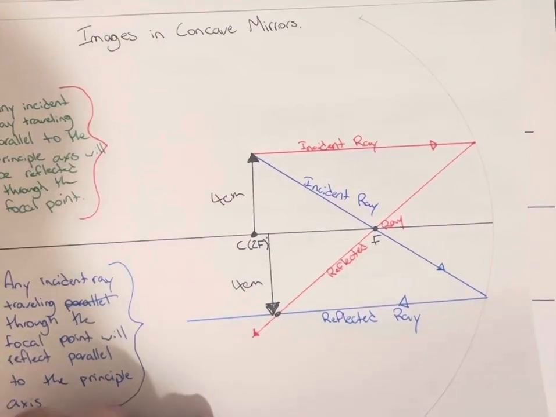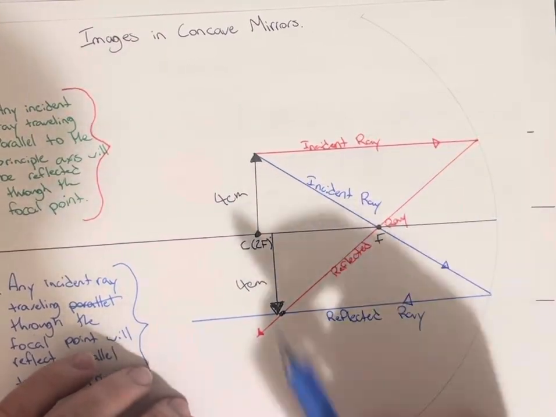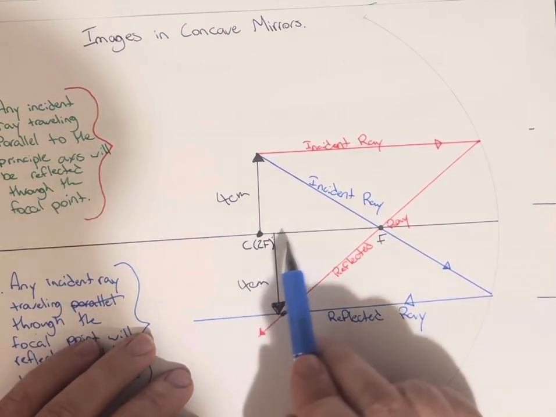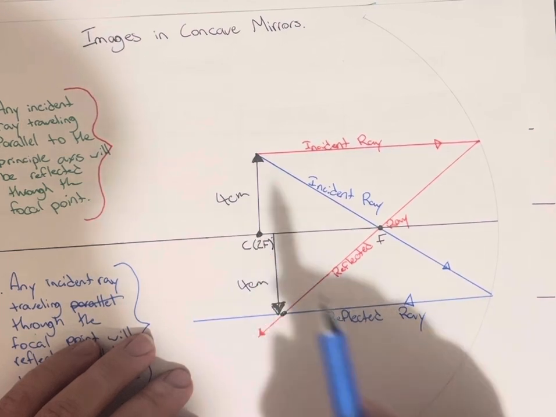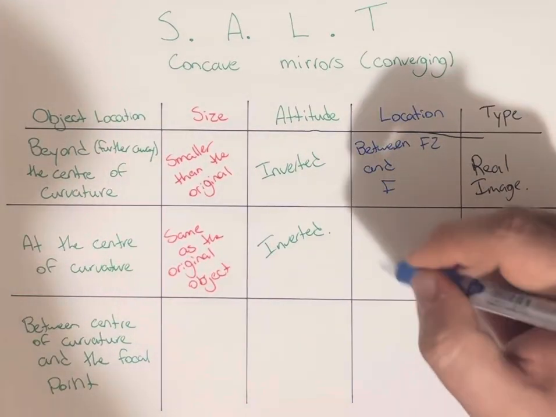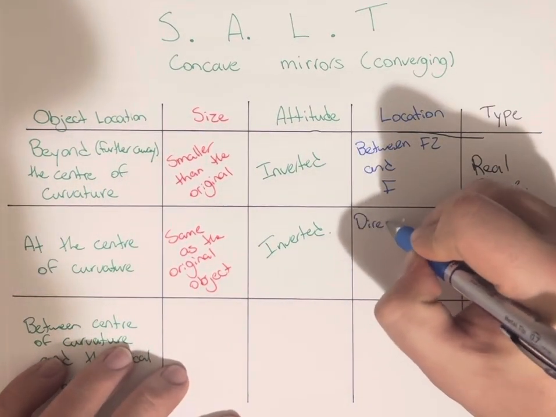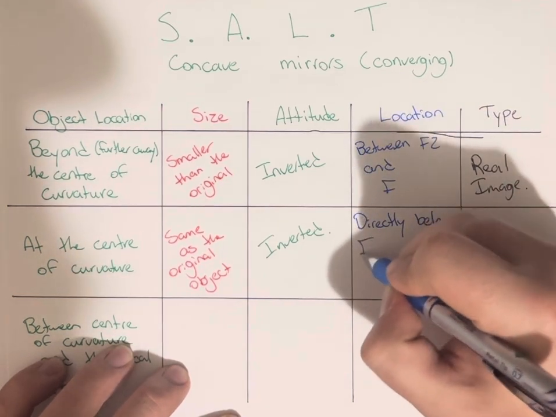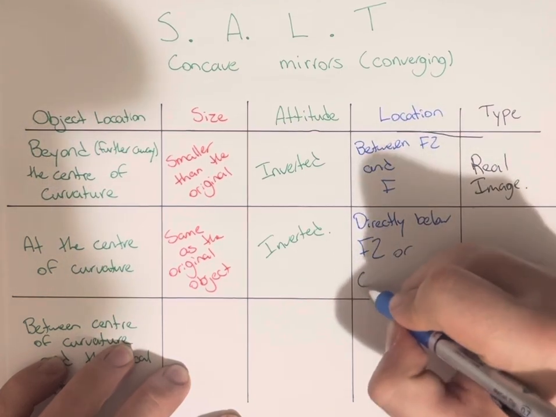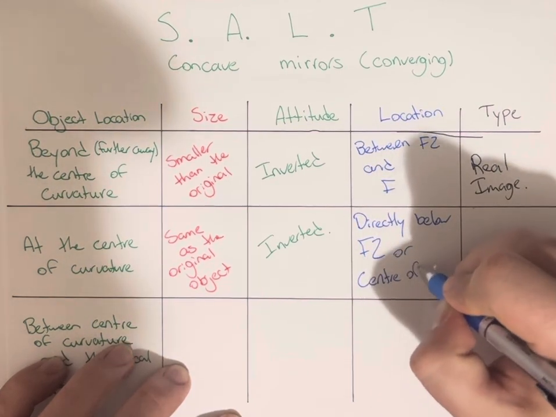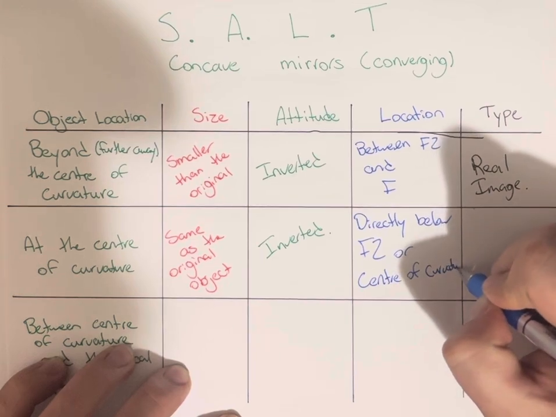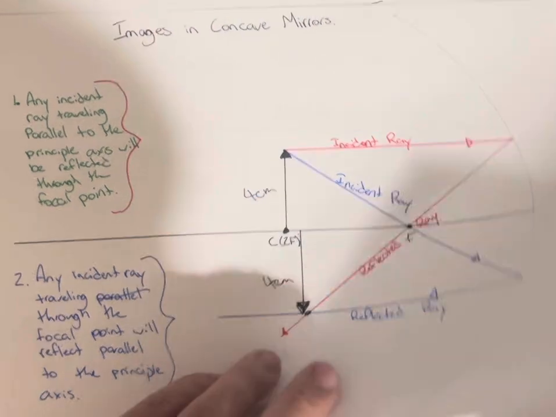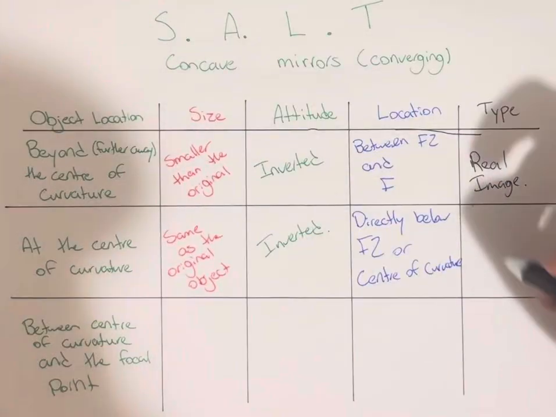Theoretically speaking, this really should be directly below the center of curvature. So even though I did make a little mistake, really this should be moved over right underneath. So the location is going to be directly below F2, or the center of curvature. And again, this is going to be a real image. It is on the left side, or the object side, of the mirror.